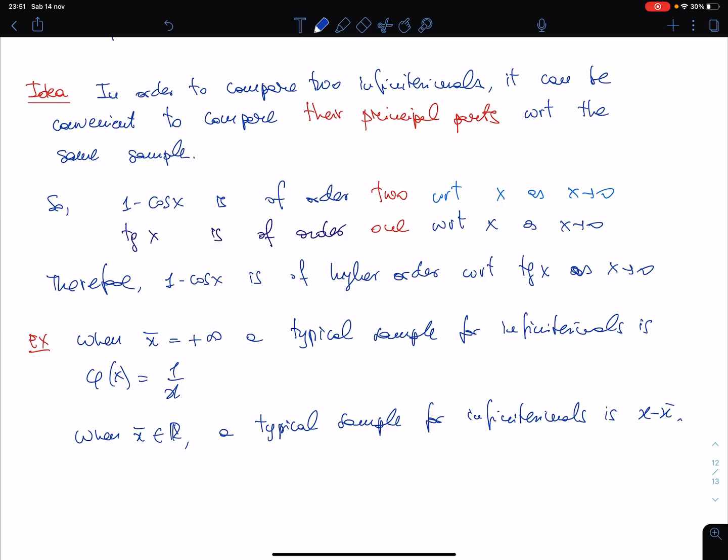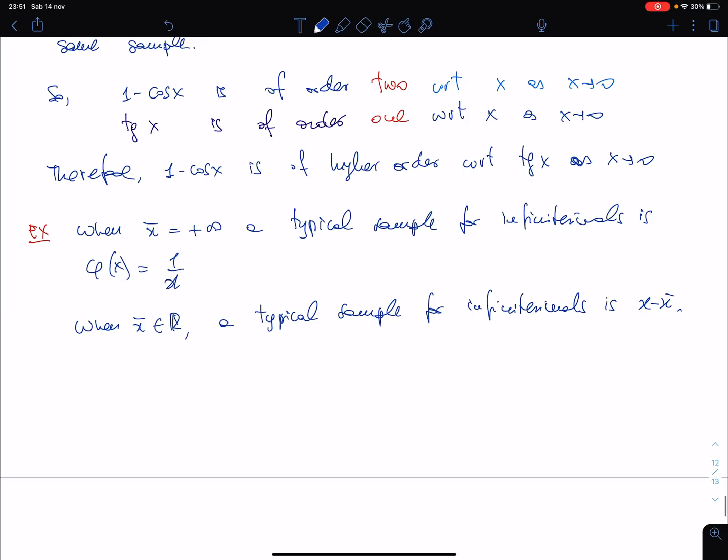And this is for what concerns infinitesimals, but of course there are also infinites. So first of all, let me introduce what is an infinite.